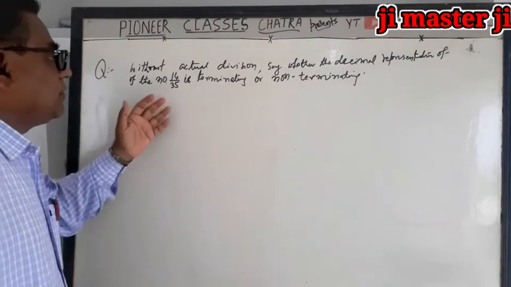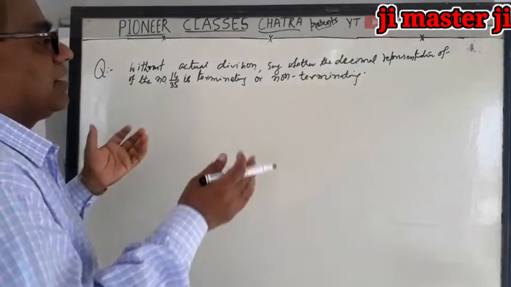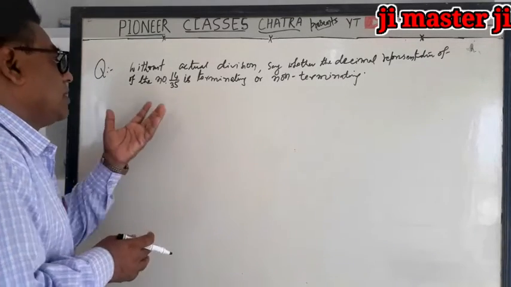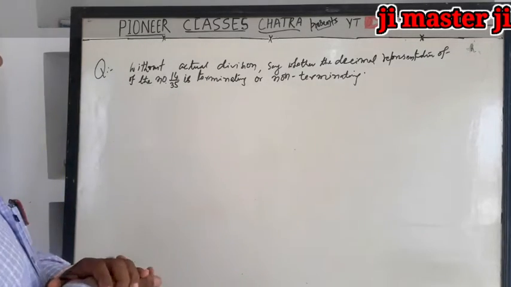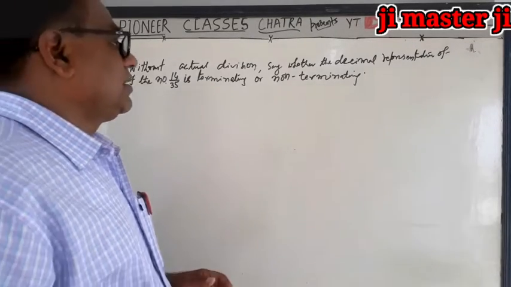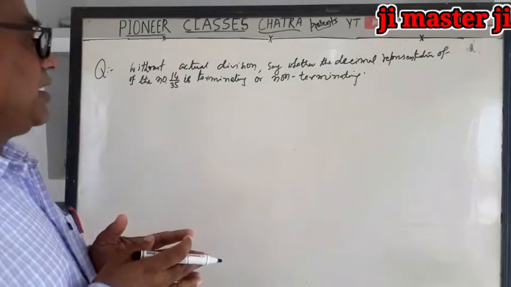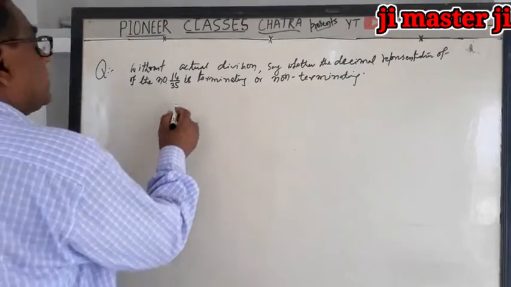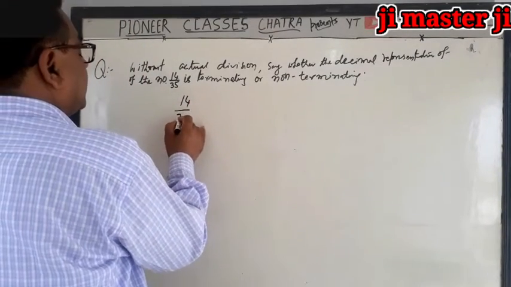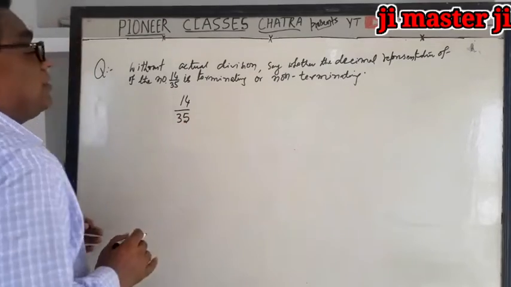The question is, without actual division, say whether the decimal representation of the number 14 by 35 is terminating or non-terminating. So the number is 14 by 35.